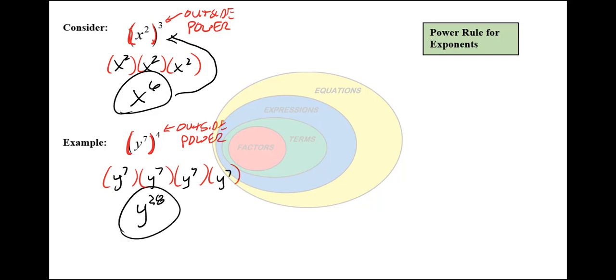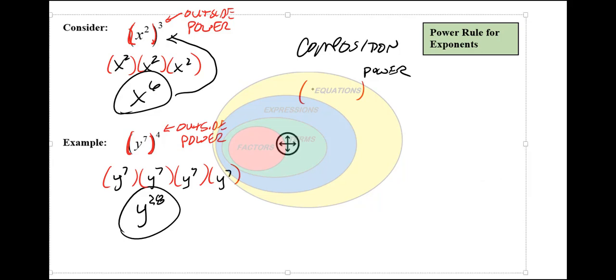All right, so in terms of composition, we have a set of parentheses and an outside power. Inside the parentheses, we just have a factor.